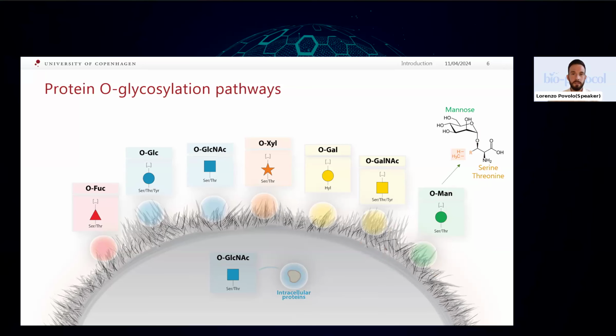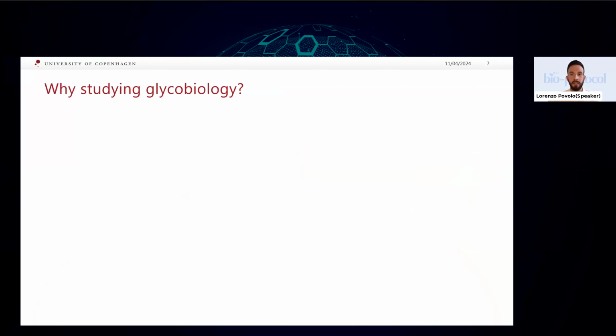Whoever approaches this field might ask: why do I need to study and care about glycobiology? To answer this question, I think it's crucial to keep in mind that if a modification is evolutionarily conserved, it most likely means that it's functionally relevant. And this, in past years, has proven to be true.